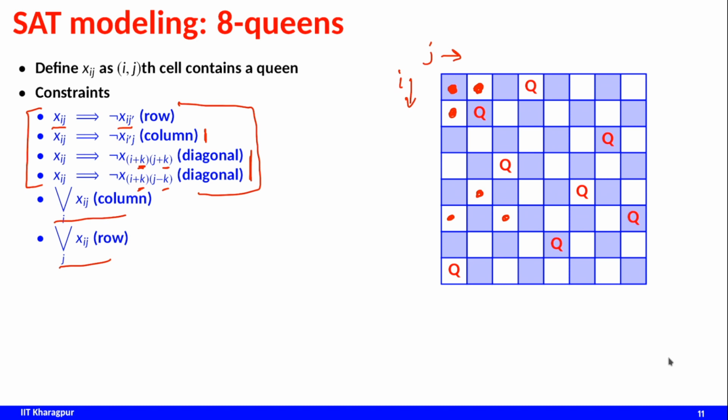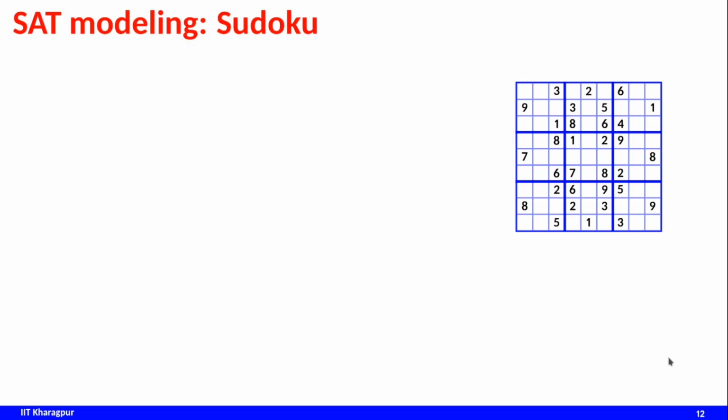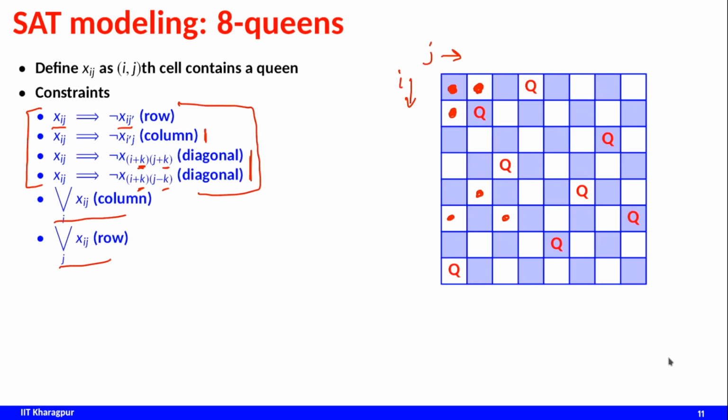So that will be my CNF for each of the row and each of the column. And if we create all those CNF and we give it to the SAT solver, then it will provide me some solution.